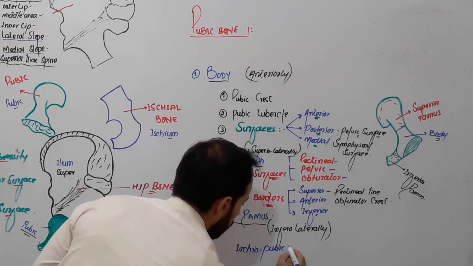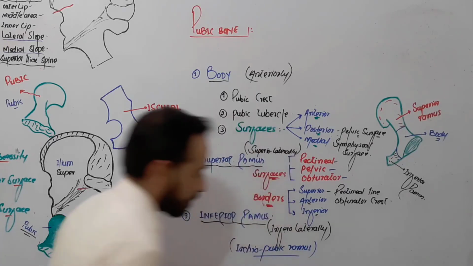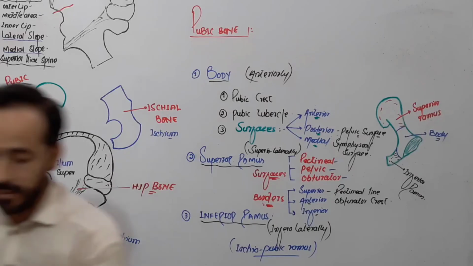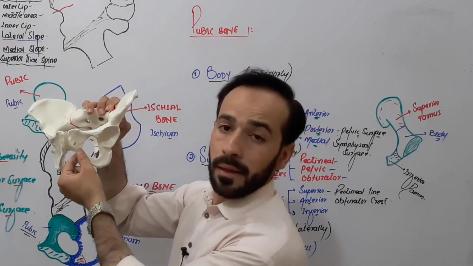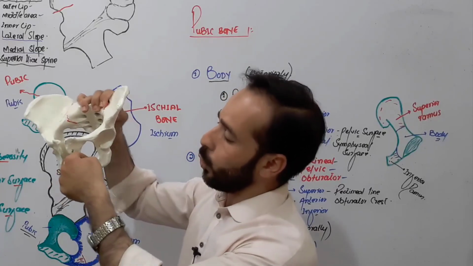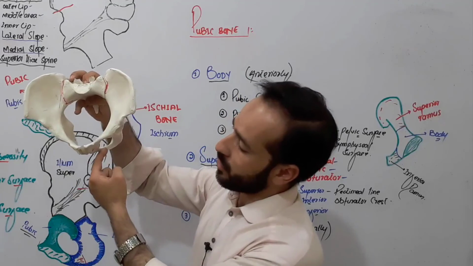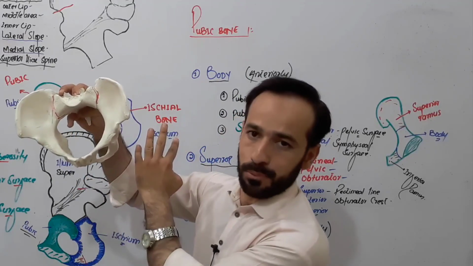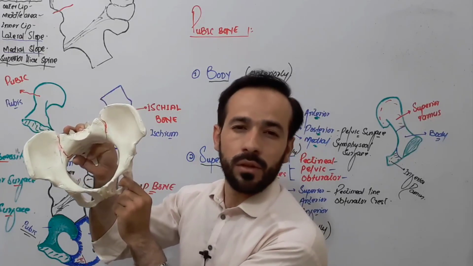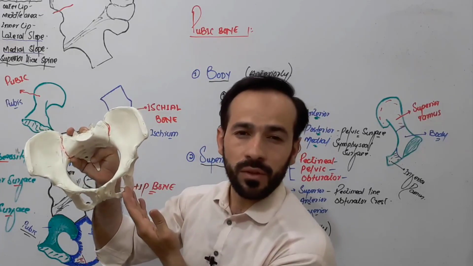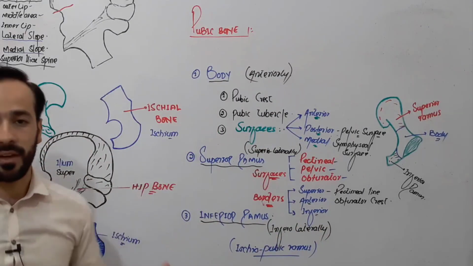Why? Look carefully, friends. This inferior ramus goes backward and a little upward and makes a connection with the inferior ramus of the ischial bone, and they make the ischiopubic ramus.